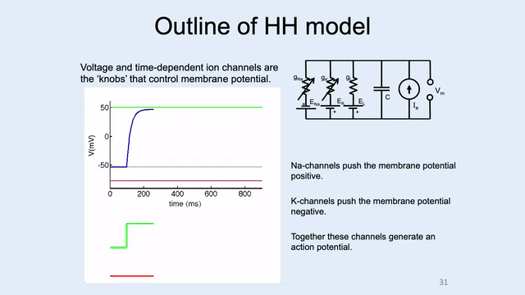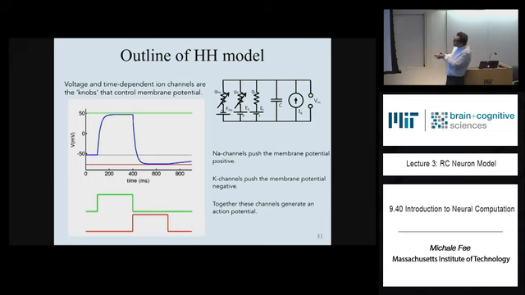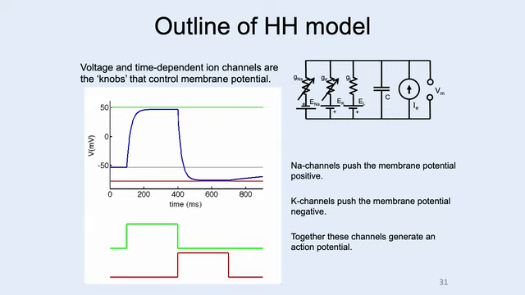There, the sodium conductance just got turned on, and what happened? The voltage of the cell jumps up. When we turn on the potassium conductance and we turn off the sodium conductance, the voltage gets dragged down to EK. Then when we turn off the potassium conductance, the voltage relaxes back up to E sub L.